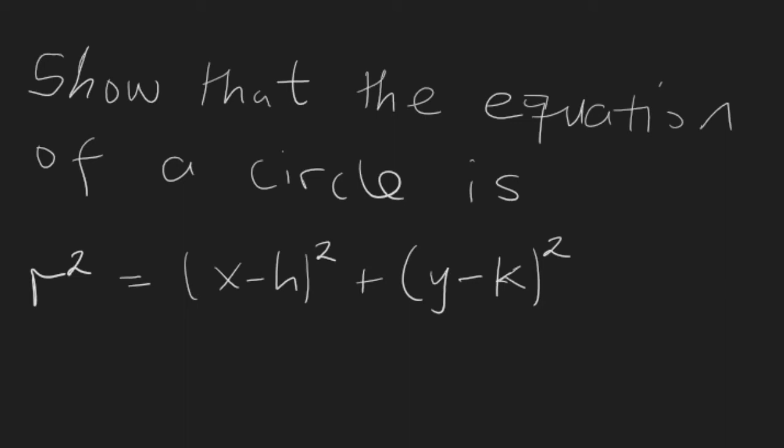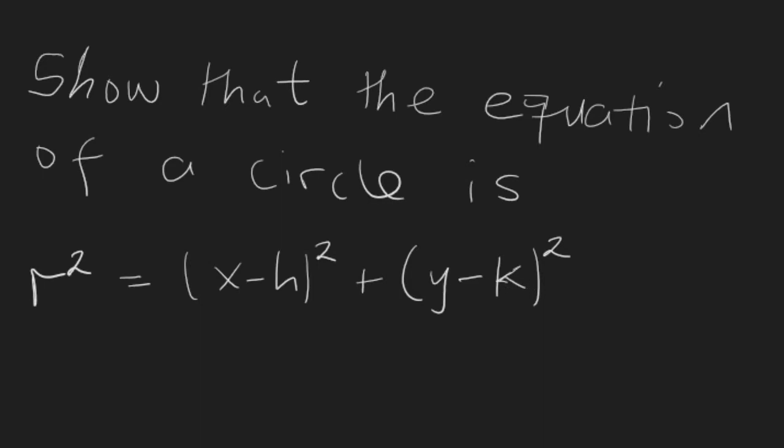So today we are going to look at how and why the equation of a circle is r squared equals x minus h all squared plus y minus k all squared.